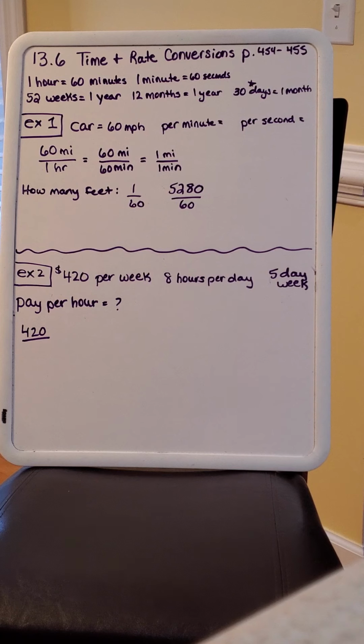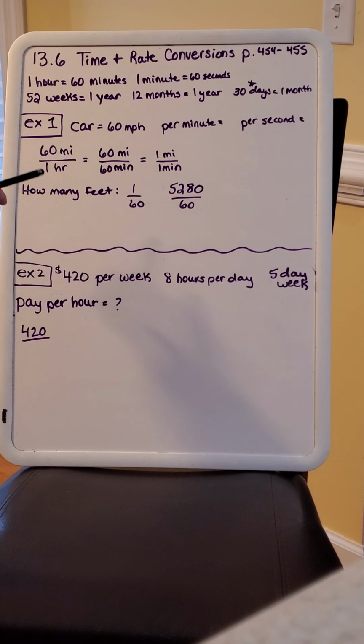So for the first example, we have a car going 60 miles per hour. So how much is that per minute, per second, and how many feet is that in a second? So here, these three ratios say the same thing. So the first one is 60 miles in 1 hour.